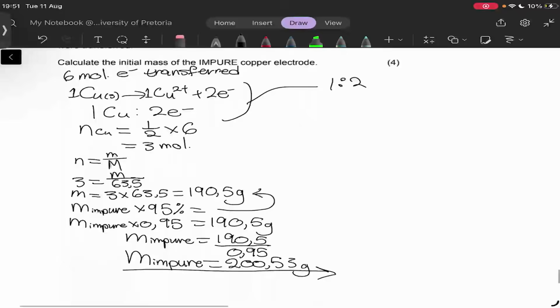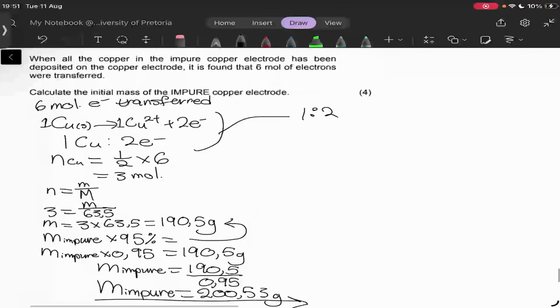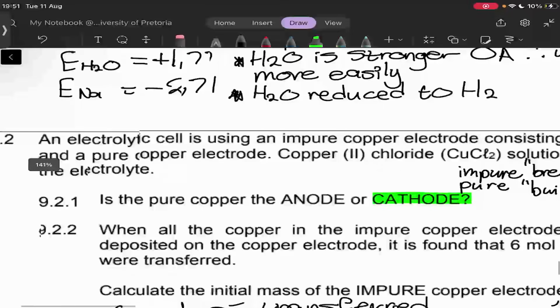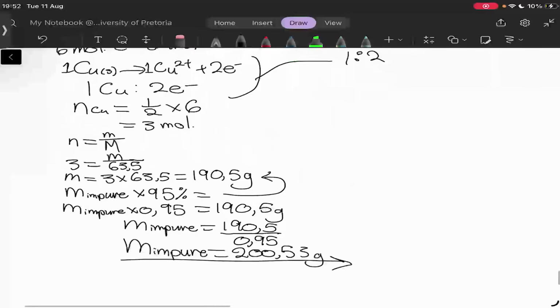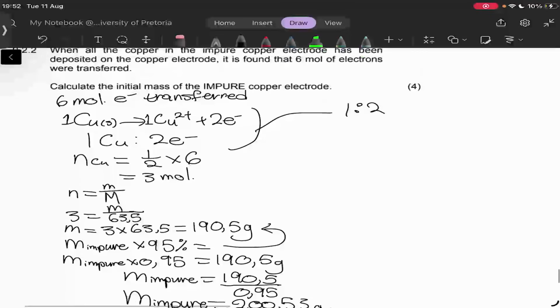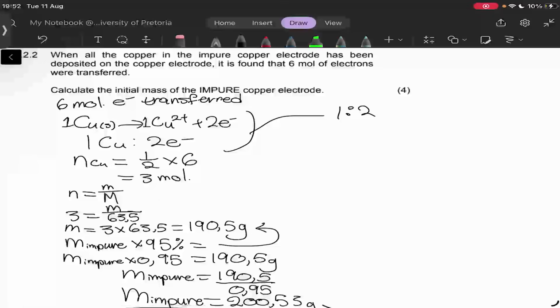You don't understand the last part of the impurity. Okay, so let's read this right here. We're told that an electrolytic cell using an impure copper electrode consisting of 95% copper is used. Now, in this case, what we calculated was the amount of copper transferred from the impure electrode.